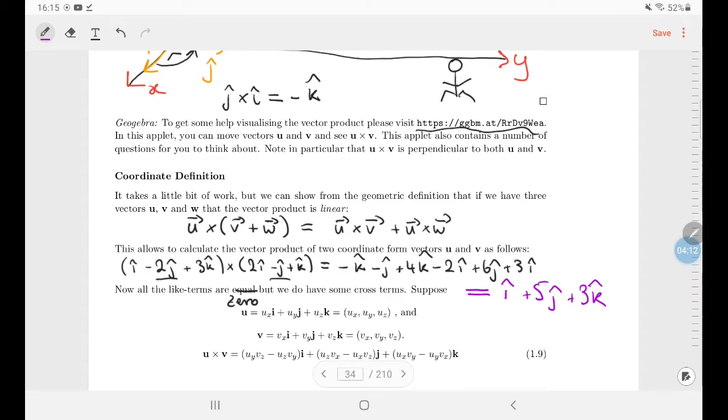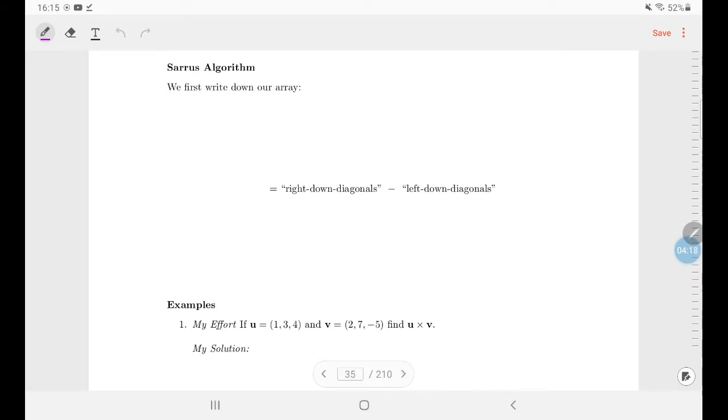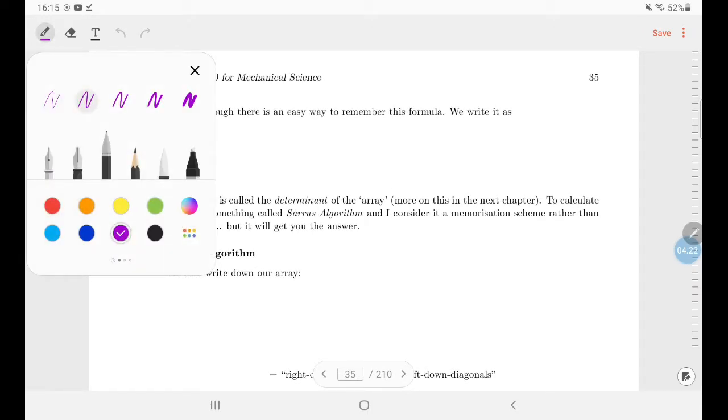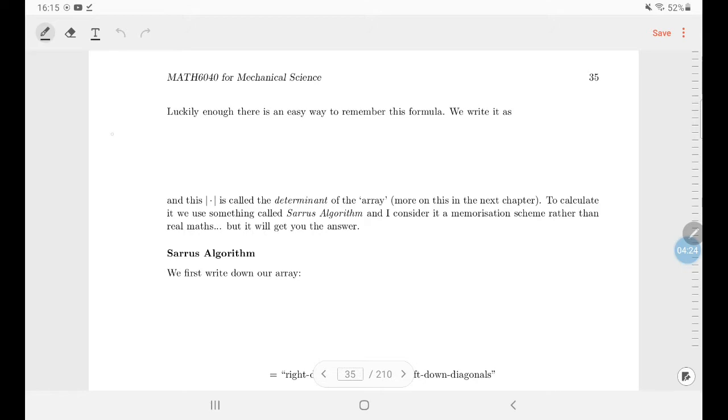Okay, so I have these vectors written down beside me, and I'm going to show you how I'll actually calculate these in practice. So you were looking for the cross product of 1, minus 2, 3. And remember, the order is important. If you change the order, you get minus the answer.